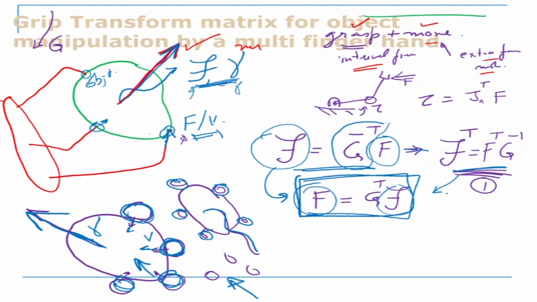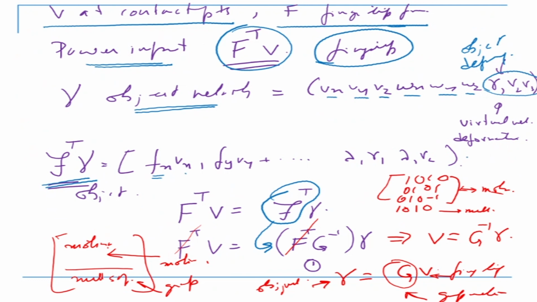So F transpose is equal to F transpose minus 1 into G inverse G. If I put F transpose there, I get F transpose into G inverse into gamma, and Ft and Ft cancel here. So we are left only with V and gamma. What is gamma? Gamma is the velocity of the center of the object. What is V? V is the velocity of the fingertip.